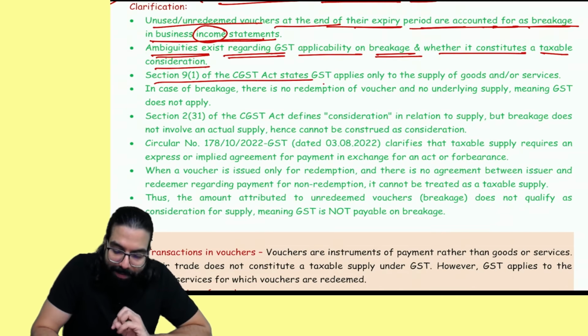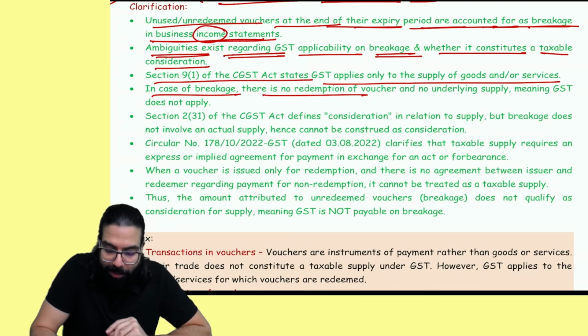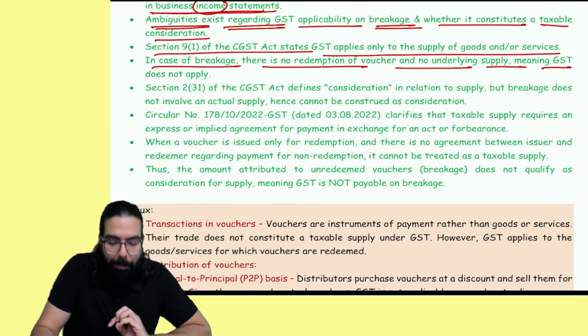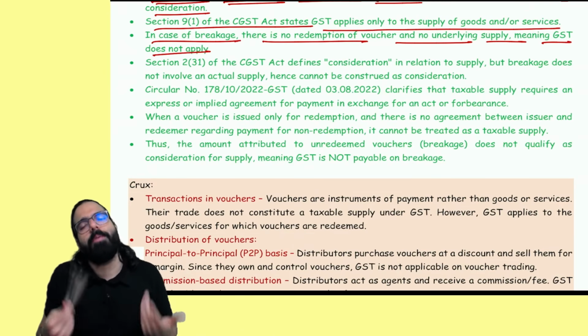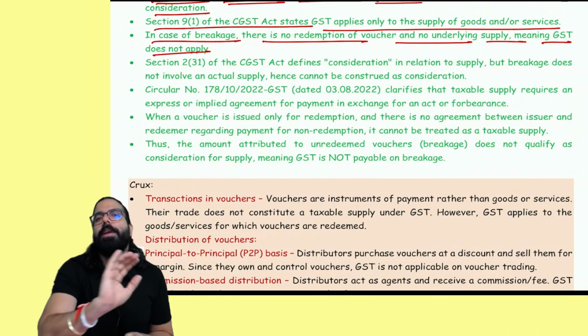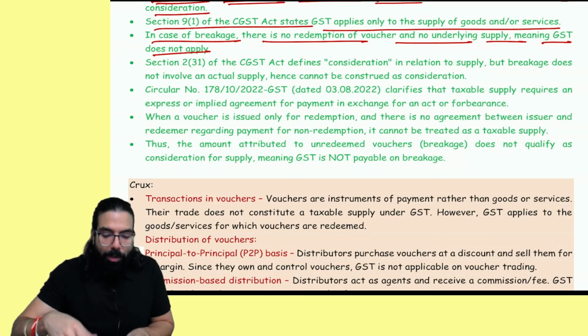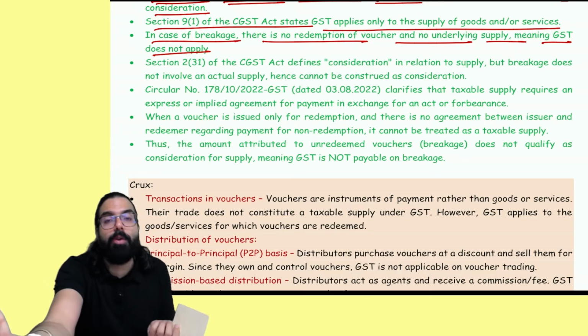Section 9, GST applies on supply of goods and services, correct? In case of breakage, there is no redemption of the voucher and no underlying supply, meaning GST does not apply. Breakage means, everyone, whatever unredeemed vouchers are there, those are called breakage. Breakage is shown as an income in your income statement. On that, because when you issued the voucher there was no GST. I never supplied any goods and services to you.